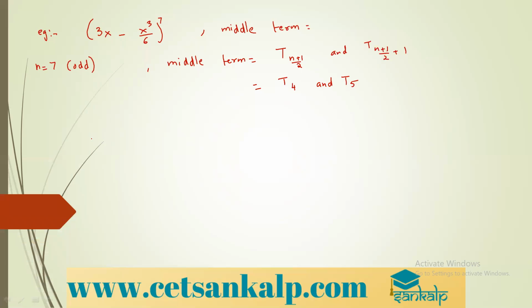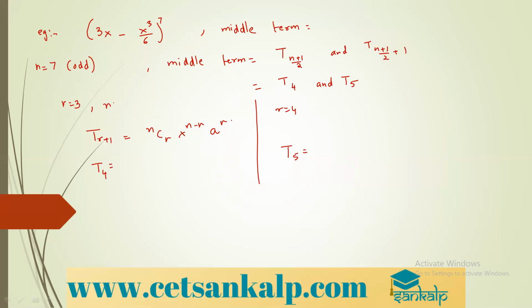Okay. So how will I find this? I will take T(r+1) = nCr x^(n−r) a^r. In this I have to find the 4th term and the 5th term, both. When I find the 4th term, r will be 3. When I find the 5th term, r will be 4.